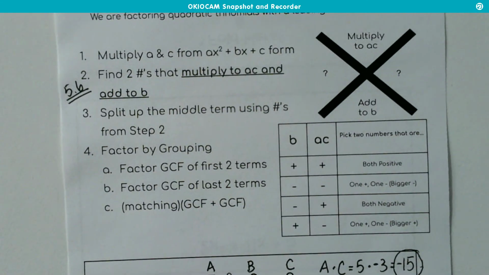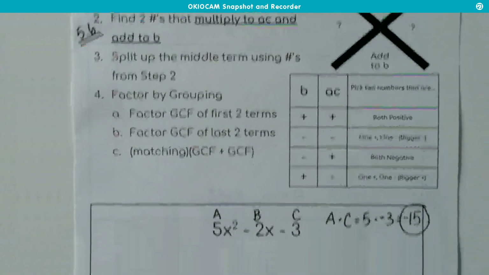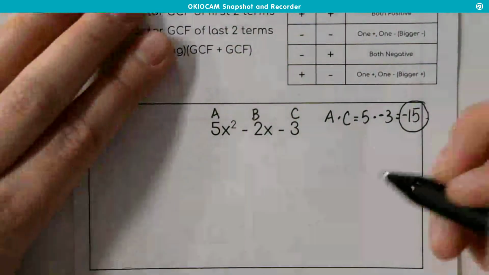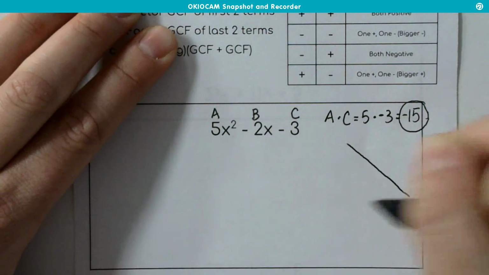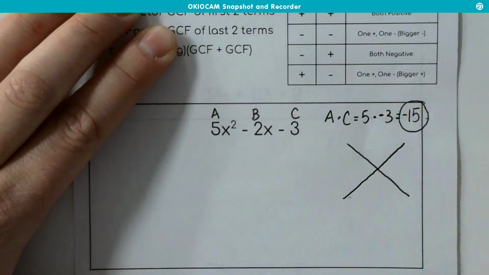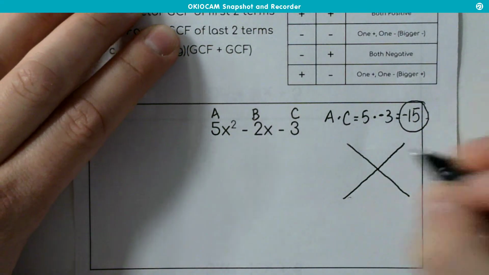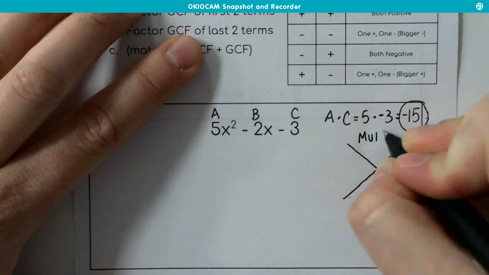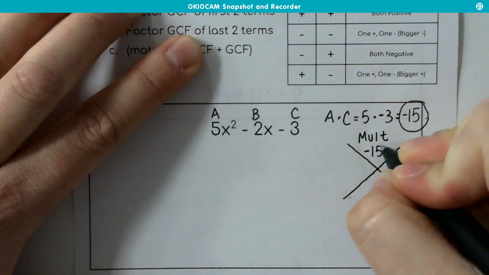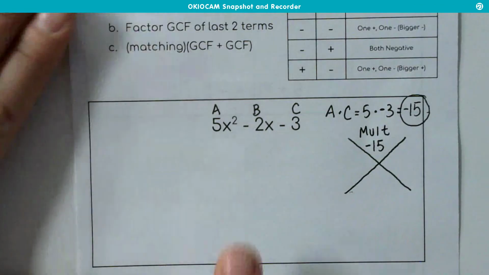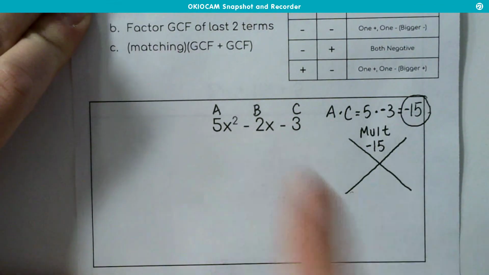So I'm going to move back down to my example. I'm going to set up that X for myself. I am looking for 2 numbers that multiply to -15, and they need to add to B, which is -2.